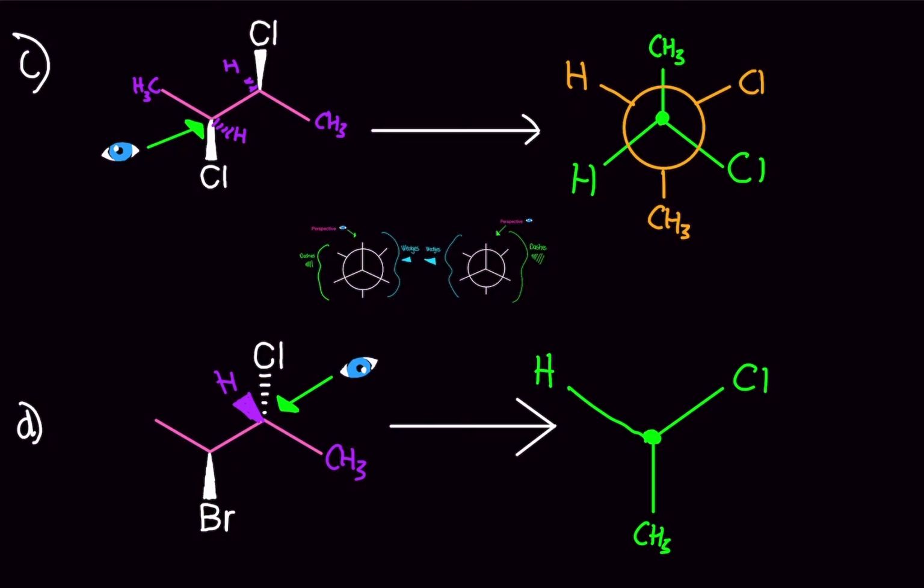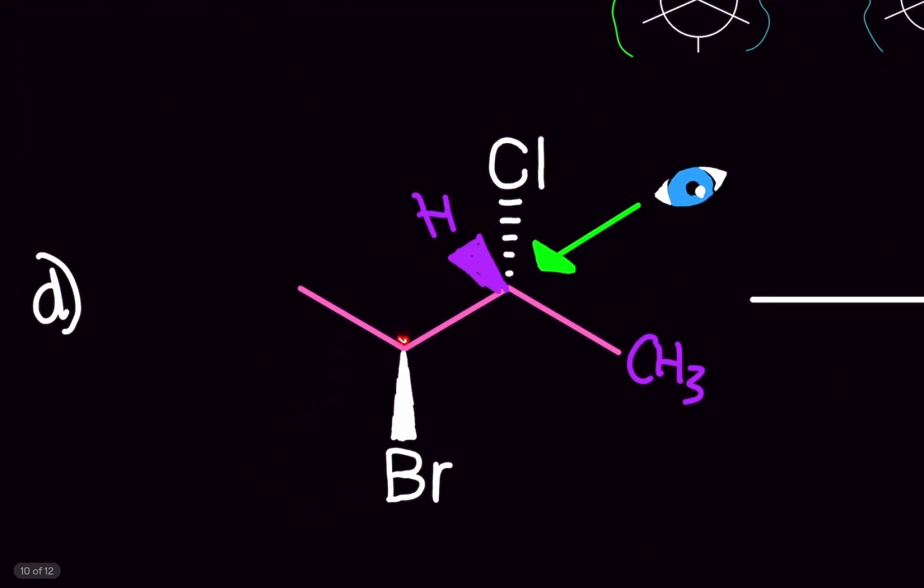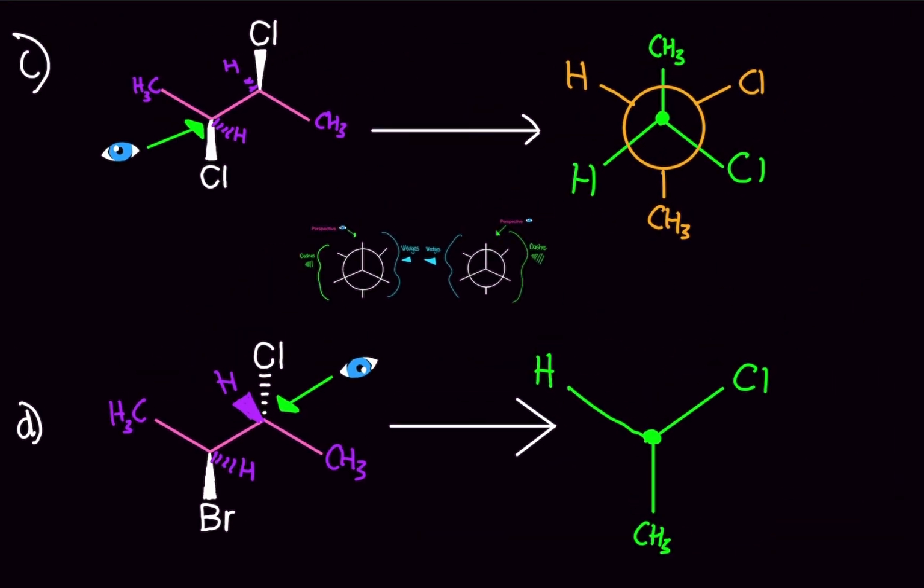Now let's identify this. This is the second carbon. Let's identify the groups. The groups we have are the methyl group here, and then a hidden hydrogen here. From the carbon, we go at an uphill slope to get to the methyl group, so it is in the up position.